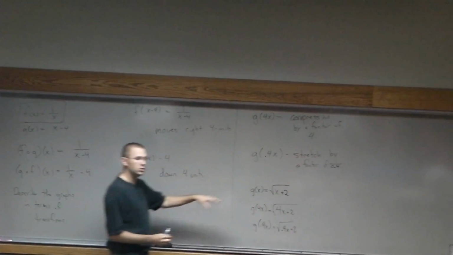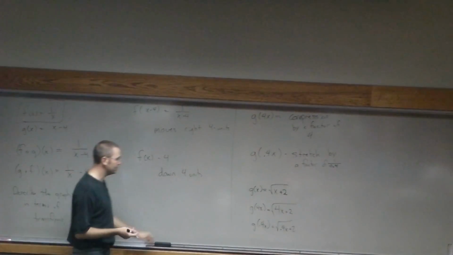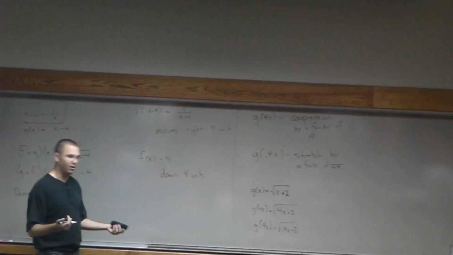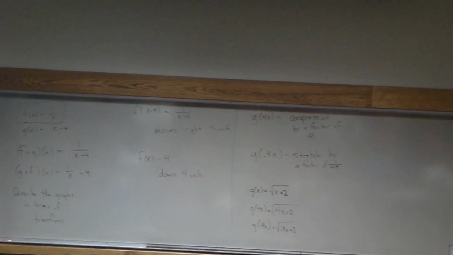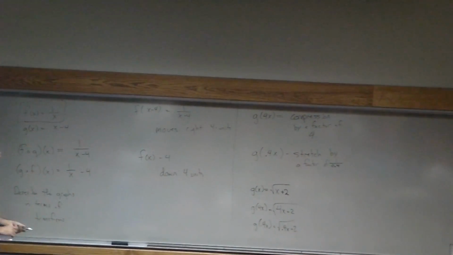If you graph these functions, what you'll see is that these compressions and these stretches are observed when you make the graph come out. Okay? I won't draw the graph for these right now because I'm not a very good drawer. But if you take a look at those graphs, you should see the effects that these things are talking about.